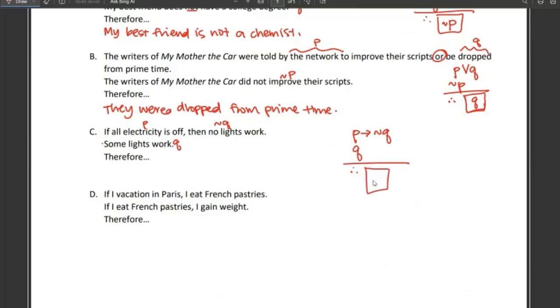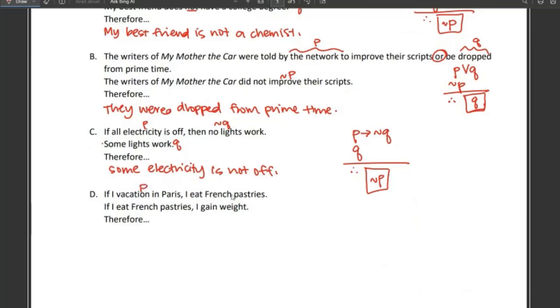So our conclusion will be negative P. Therefore, some electricity is not off.